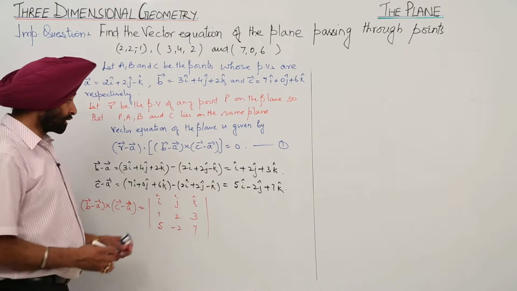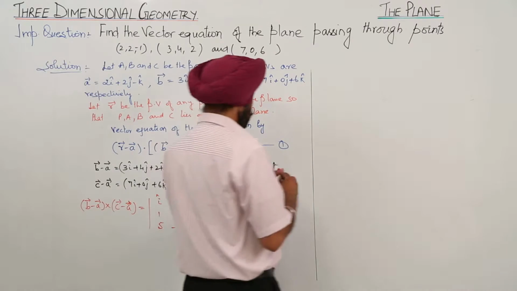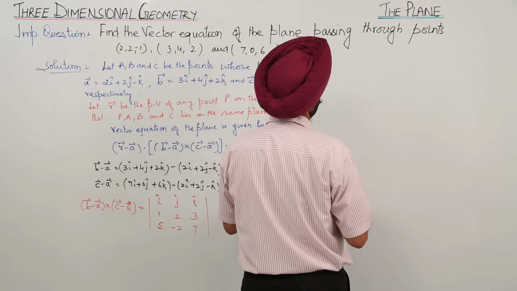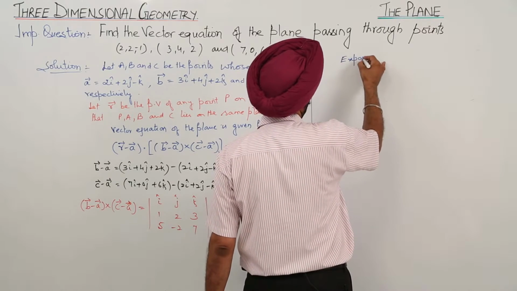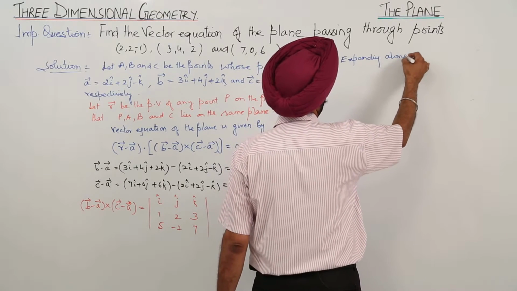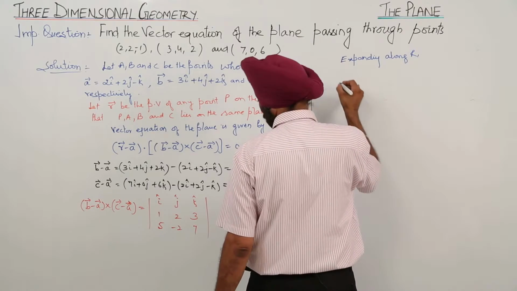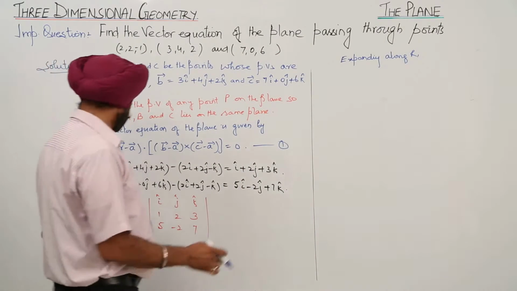Now expanding this one along row 1, simple basic part.